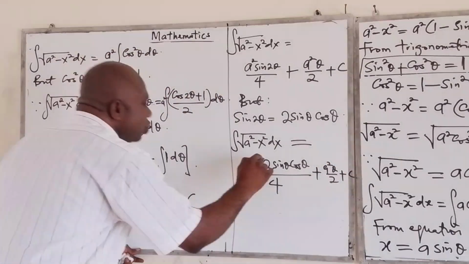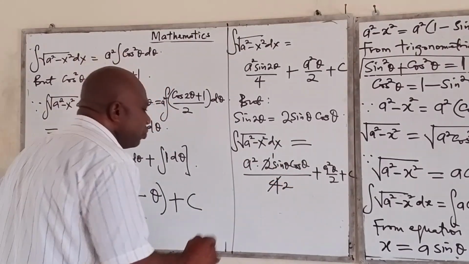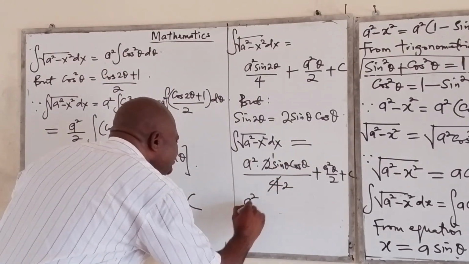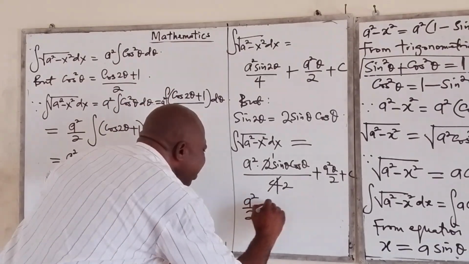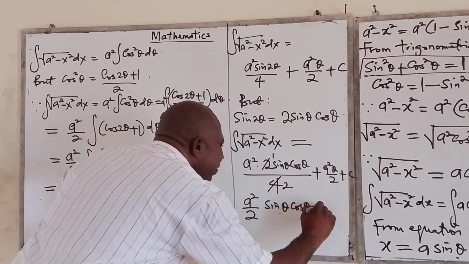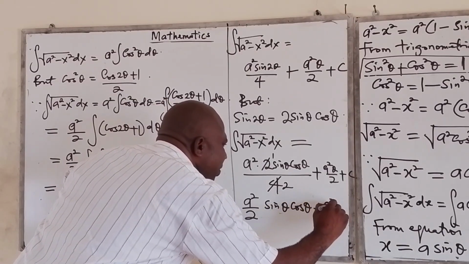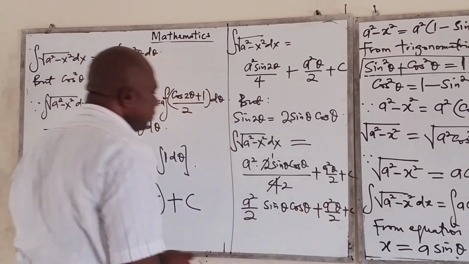So here 2 here is 1, 2 here is 2. So it means we have a squared all over 2, then sine theta cos theta, then plus a squared theta all over 2 plus c.